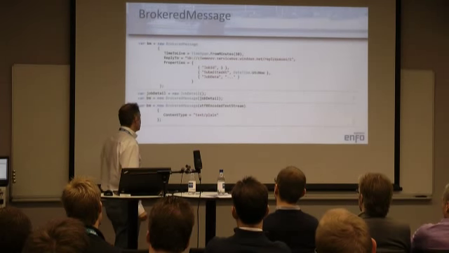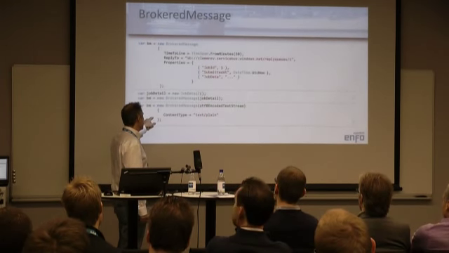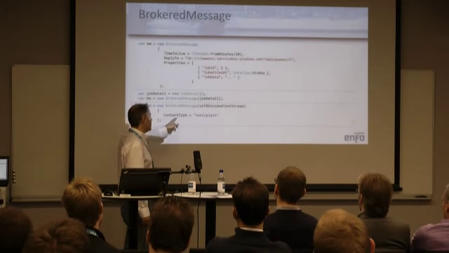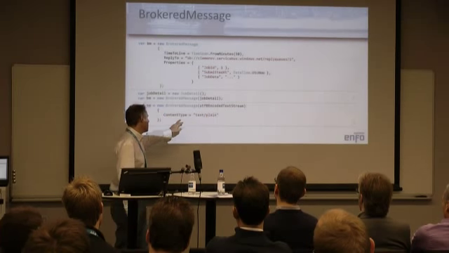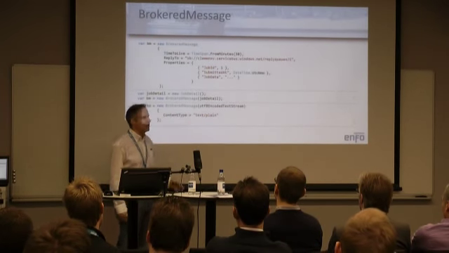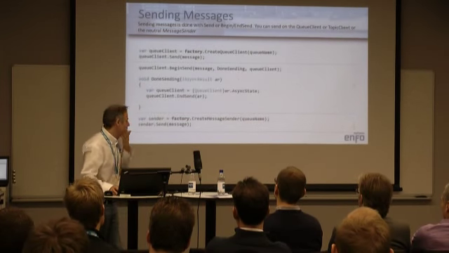And finally, in the last sample, you can also specify the payload of your broker message starting from a string. And in this case, you can also use the content type property to specify the type of the content.